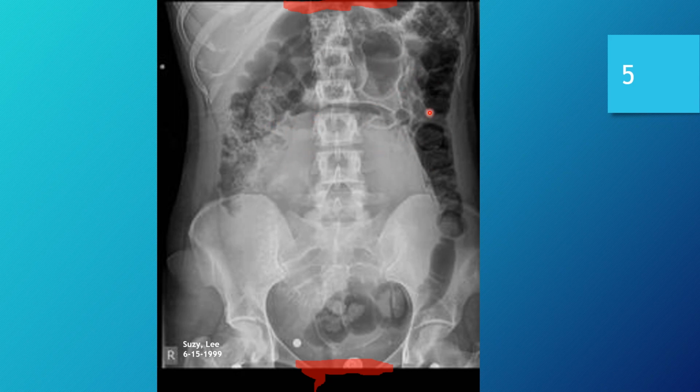You're not going to be able to make too much of a determination about that. One thing we can tell, though, is that the entirety of the bladder is not included. And we know that because we cannot identify the pubic symphysis on this inferior portion of the image. So no, the required anatomy for this exam is not present. It does need to be repeated to include the full portion of the bladder.